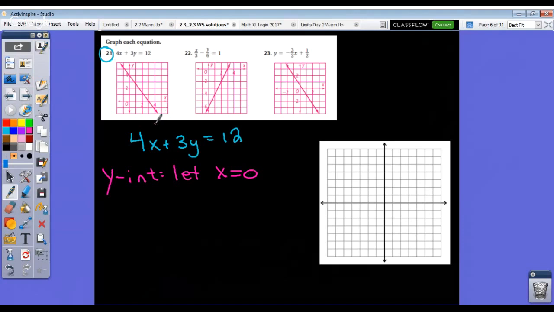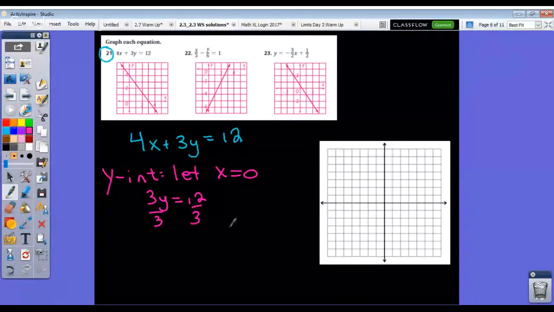And if x equals 0, that whole piece just kind of disappears. So I'm left with 3y is equal to 12. And if we divide by 3, then that tells us that the y-intercept is 4. So I'm going to come to the y-axis, I'm going to find 4, and I'm going to put my first point.